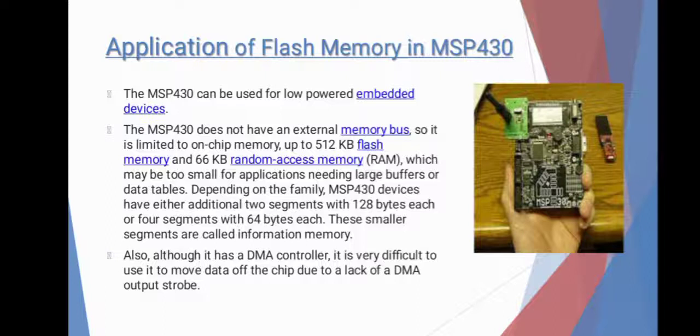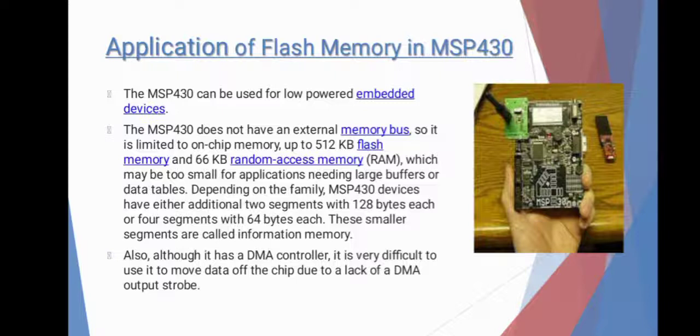However, there are limits that preclude its use in more complex embedded systems. The MSP430 does not have an external memory bus, so it is limited to on-chip memory, which may be too small for applications needing large buffers or data tables. It uses a 512 KB flash memory and 66 KB random access memory.